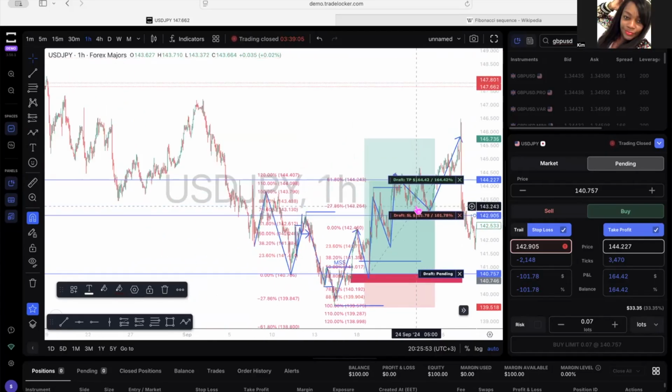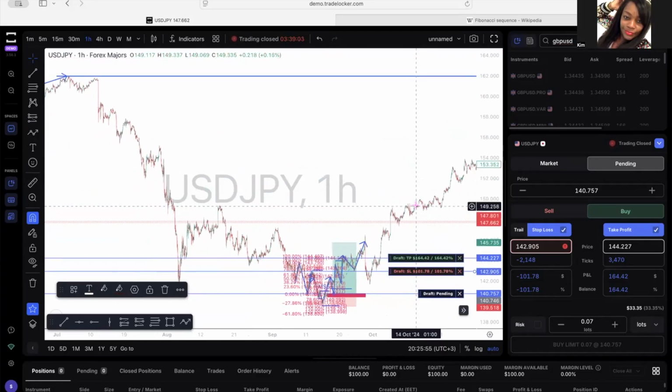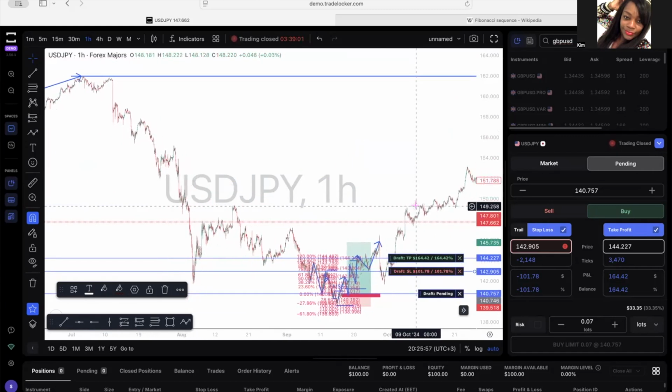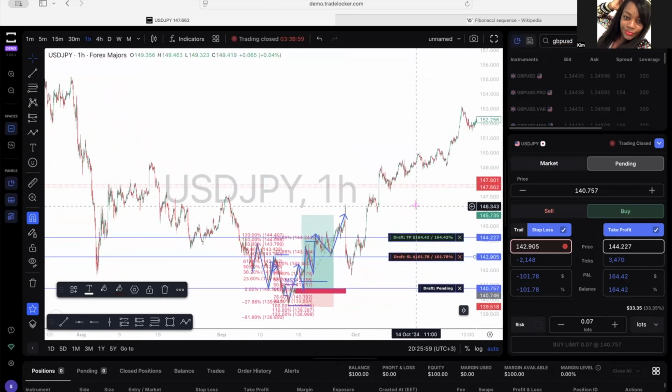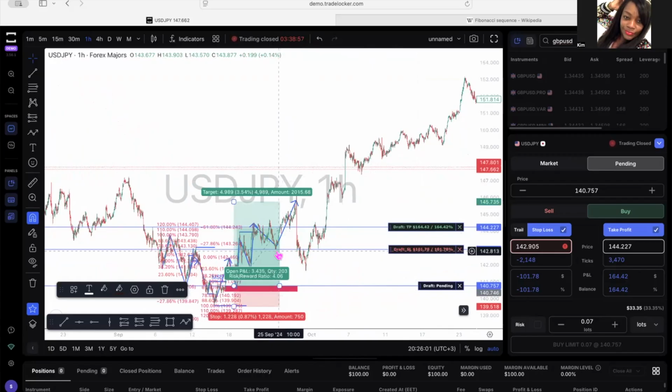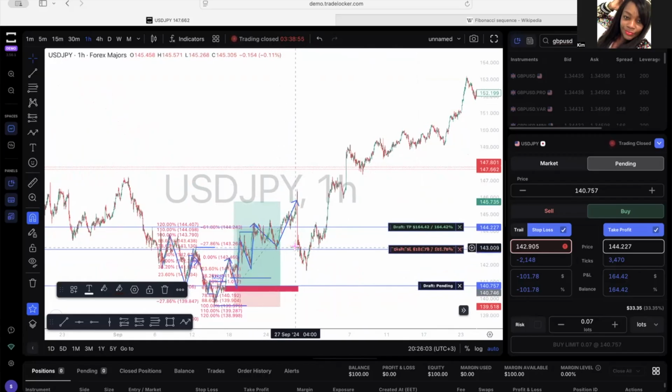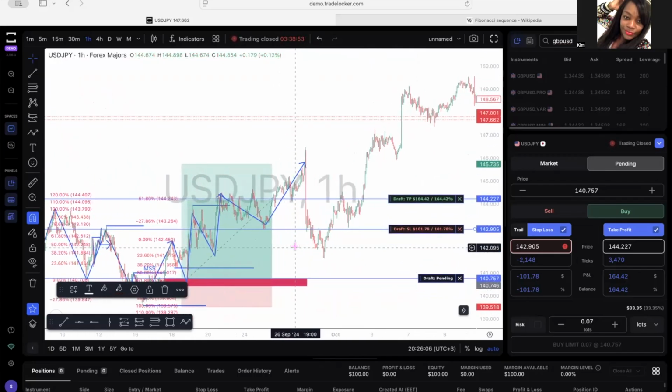Because you can trail this stop. Once this stopped you out here, it pulled back, and this would have been a definite market structure shift.